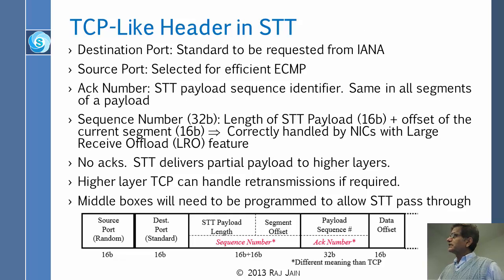This is the TCP sequence number. It is divided into two 16 bits. One is the payload length, one is the segment offset. All right. This 32-bit of TCP becomes the payload sequence number. The red is the standard TCP field, and this is their interpretation. Now, if this looks confusing, that's why it is worth $1.3 billion.